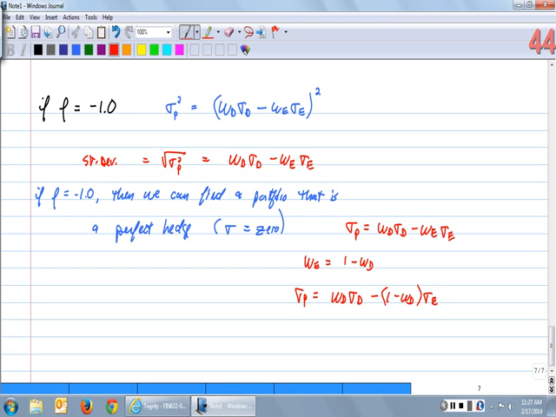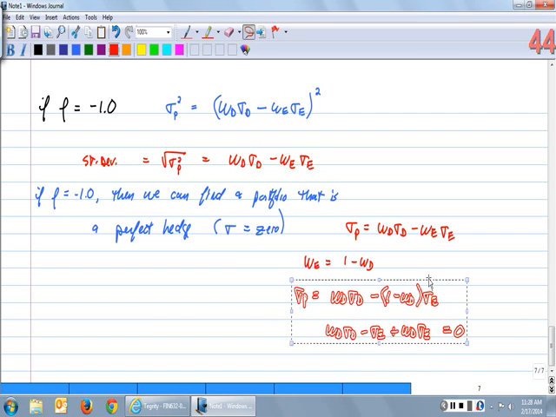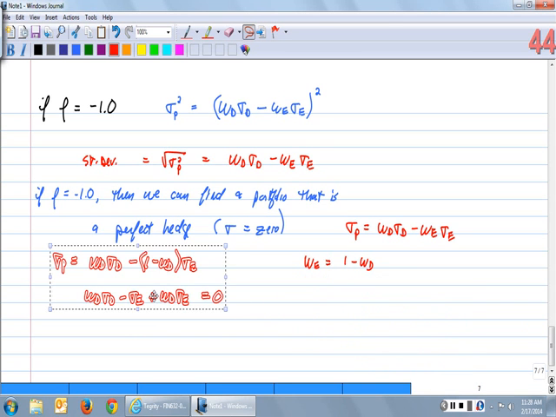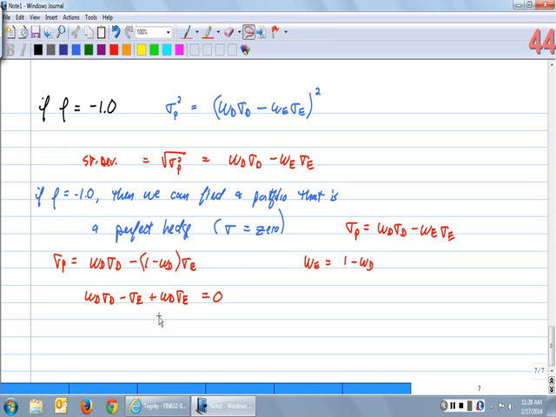Okay. All right, let's distribute that. We're going to say WD (sigma D plus sigma E) minus sigma E, and we're going to set that equal to 0, because I'm looking for the combination. I'm looking for the weight in each asset that's going to give me the lowest standard deviation.